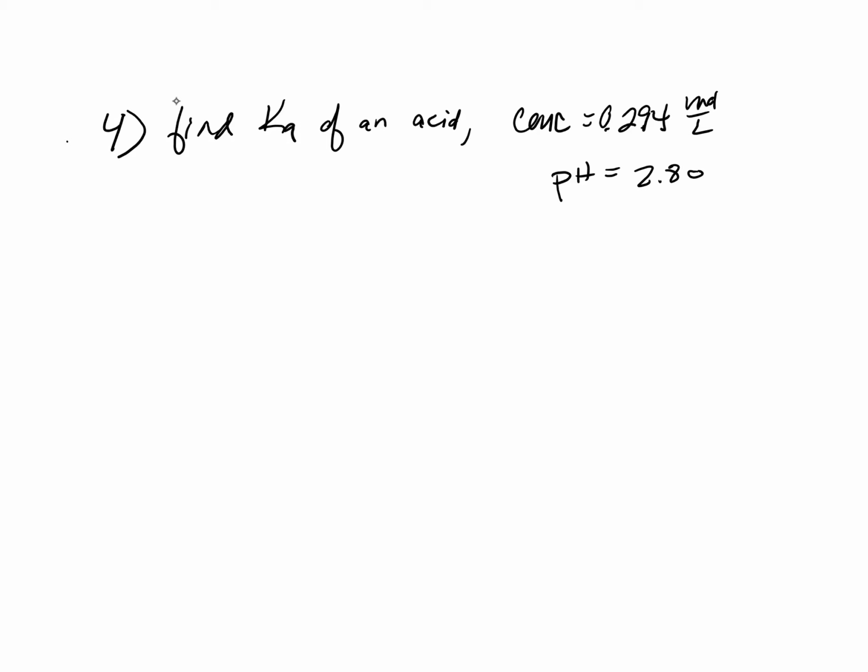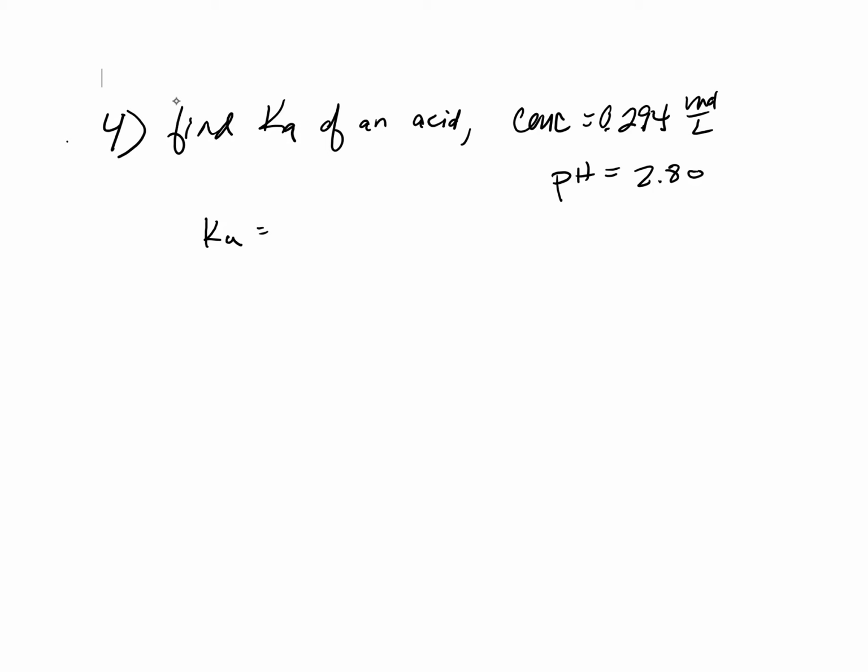So to do this, we're going to have to lean on the relationship that defines Ka, which is when you have a weak acid, which is partially dissociating, just like an equilibrium constant, where you're going to look at your products over your reactants.